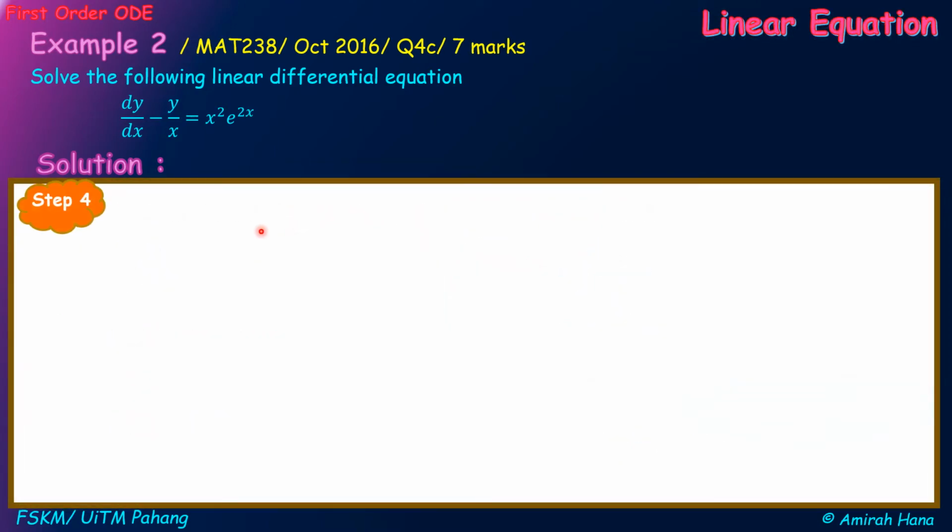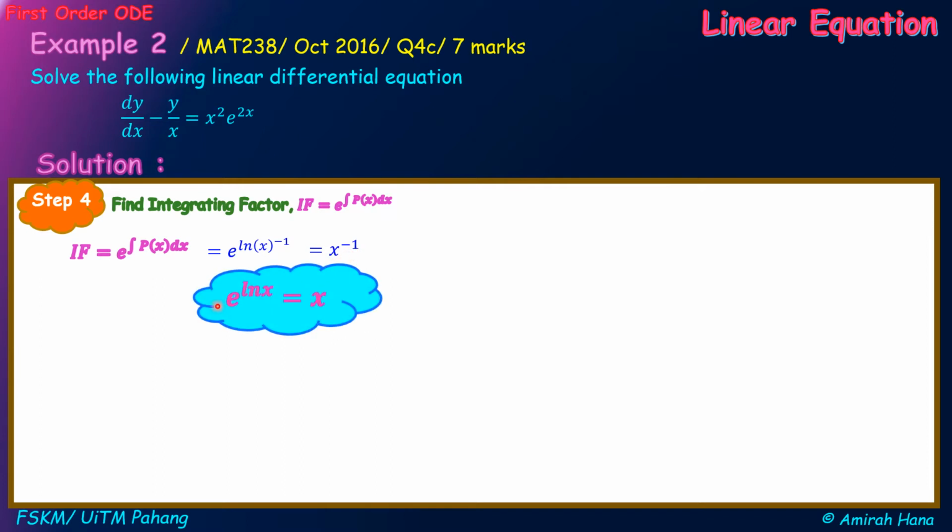Then we can continue with step 4. The integrating factor, IF, equals e the power of integration of p(x) dx. So from this formula, we write the integrating factor equals e, and then we replace the integration of p(x) dx obtained in step 3, which is ln x to the power of negative 1. Then it equals x to the power of negative 1. This comes from the formula e the power of ln x equals x.